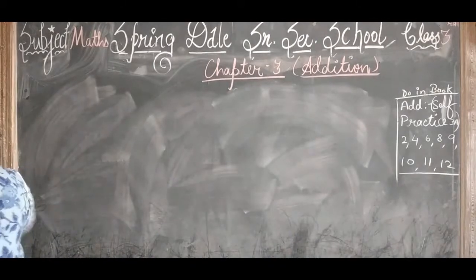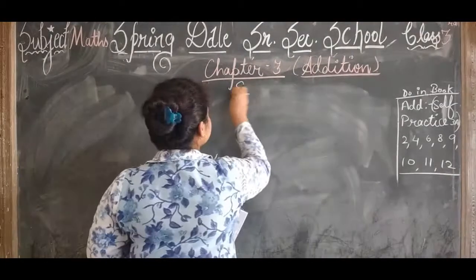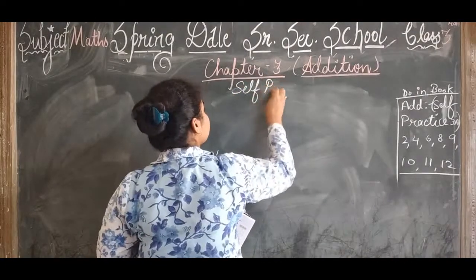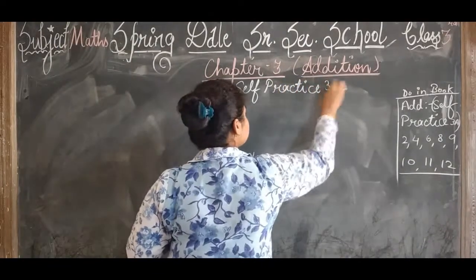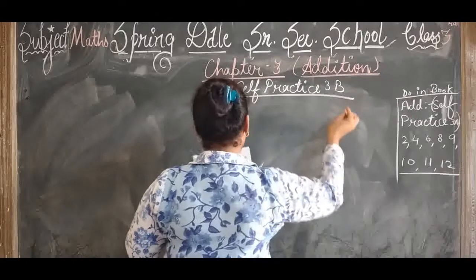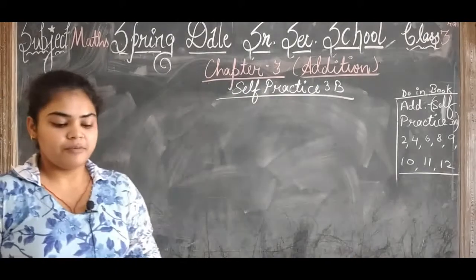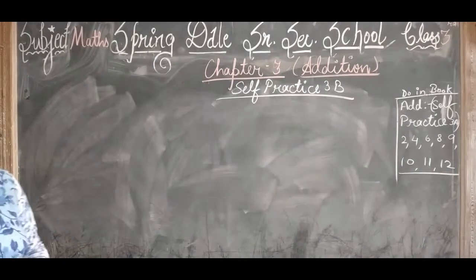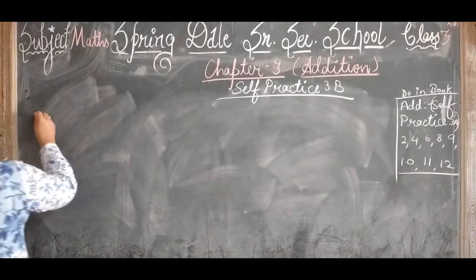Okay children? Now, coming to the next exercise, that is self practice 3B. Okay? Now, these are the questions of 3-digit numbers with carrying. Okay? Now, we have add.